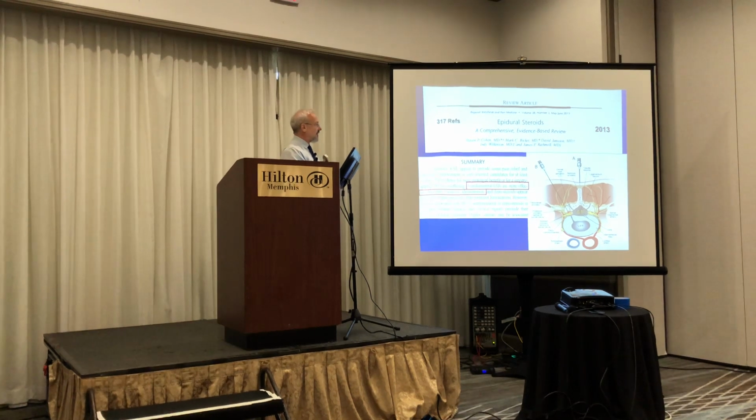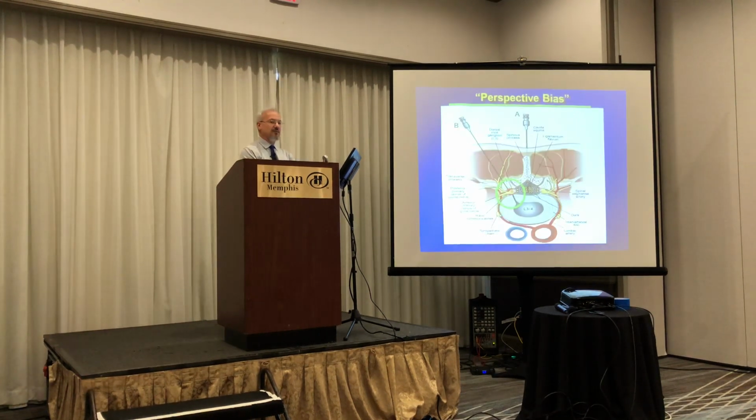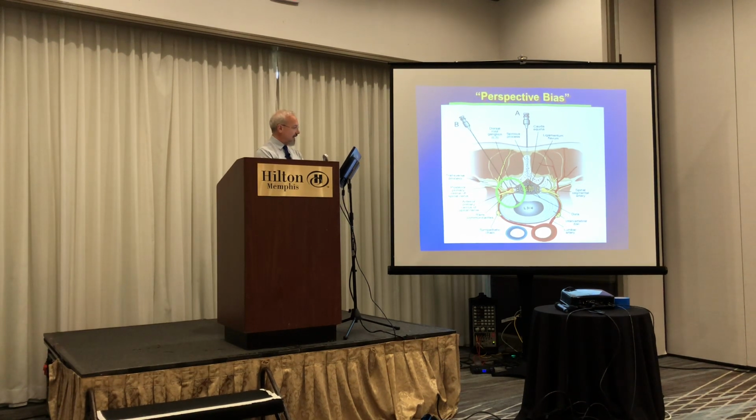And they based it upon 317 references, but their premise was somewhat flawed, respectively. They stated that, of course, the interlaminar injection always goes midline, and the transforaminal injection always captures this rent in the annulus where we have leaking of those 7 mediators of nociception: histamine, lactate, bradykinin, substance P, calcitonin gene-related peptide, vasoactive intestinal peptide, and phospholipase A2.